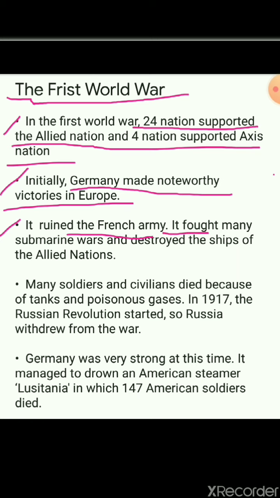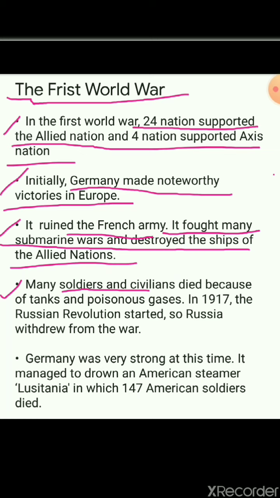It fought many submarine wars and destroyed the ships of the Allied nations. That means the war was held in the sea. Many submarines and even the ships of the Allied nations were destroyed by Germany.